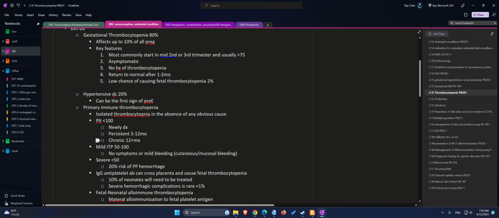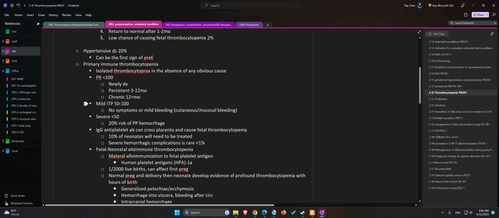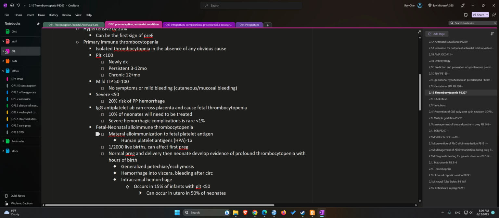More than 12 months is chronic. Mild ITP, usually platelet level is between 50 to 100. There are no symptoms, or there is some mild bleeding, such as cutaneous bleeding or mucosal bleeding. Severe ITP, platelet is less than 50.